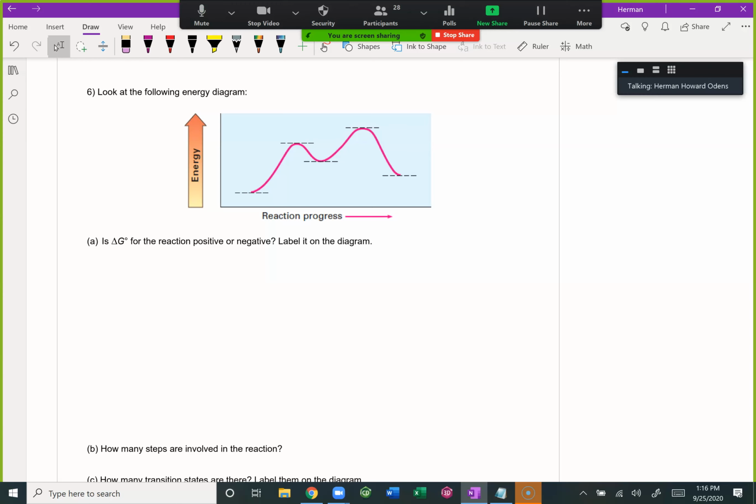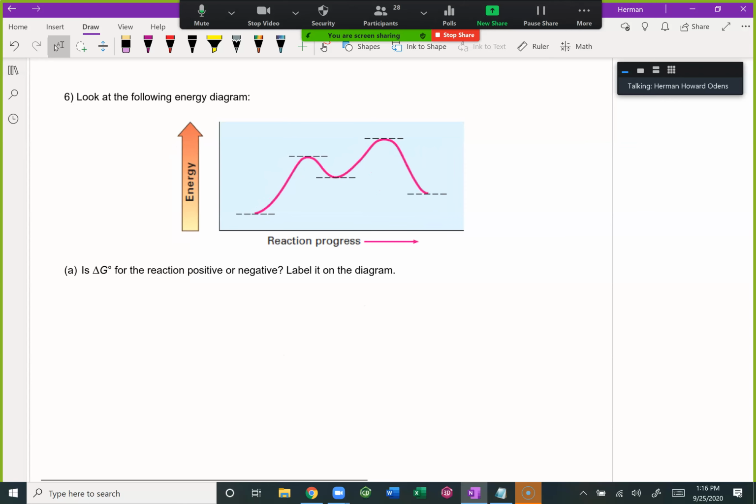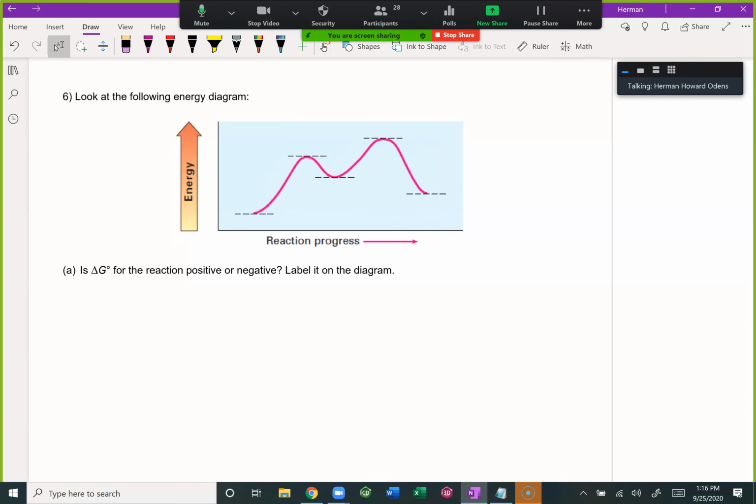All right. Look at the following energy diagram. Is the delta G0 for the reaction positive or negative? Label it on the diagram. So notice that this delta G from here to here refers to the delta G double dagger of the previous transition state, but the overall, this is the delta G0.